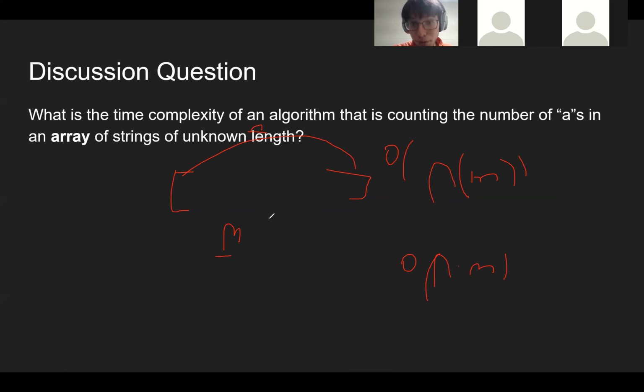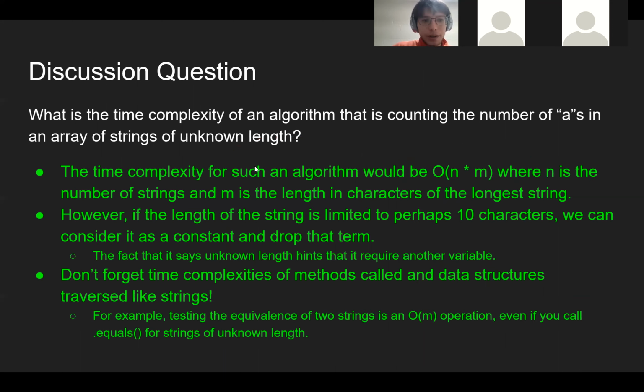That's linear. Right, exactly. Because in that case, this m just becomes 10, we drop the constant factor, and we just end up with O of n. Perfect. So let's review the answer here. Time complexity for the algorithm is O of nm. But if we limit the length of the string, then we can consider it a constant and drop it.